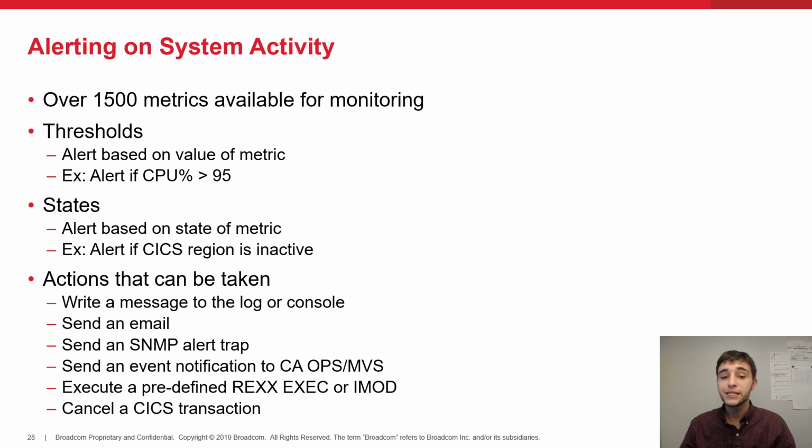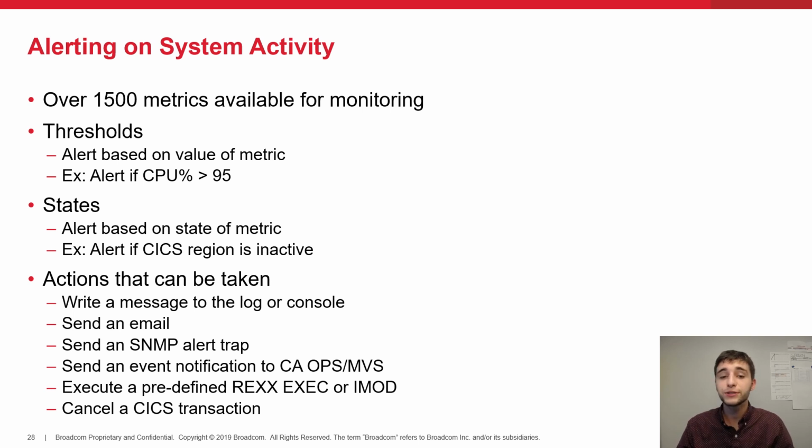The values for these definitions, however, are not numeric. Rather, they are defined character keywords, also known as states. For example, a CICS region can have the state active or the state inactive. You can create a state definition to be alerted when a certain CICS region becomes inactive. State definitions have similar settings to thresholds, so defining the two are almost identical.